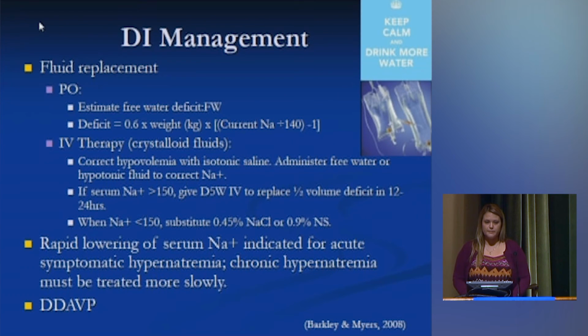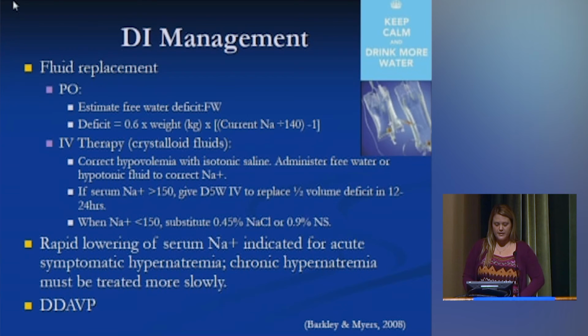You would think, in some cases, why not use hypotonic solution, a half normal saline or quarter. But really, you just need isotonic saline in the beginning just to replace that volume that patients have lost.